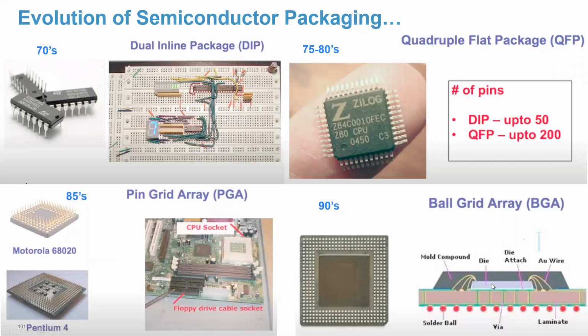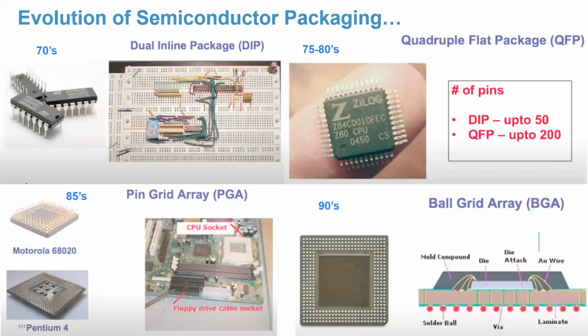In this package, you're taking these gold wires off the active surface and bonding them to the carrier substrate, which has vias or interconnects leading to these solder balls or pins under the carrier. And it is from those that the connections are made to the printed circuit board.